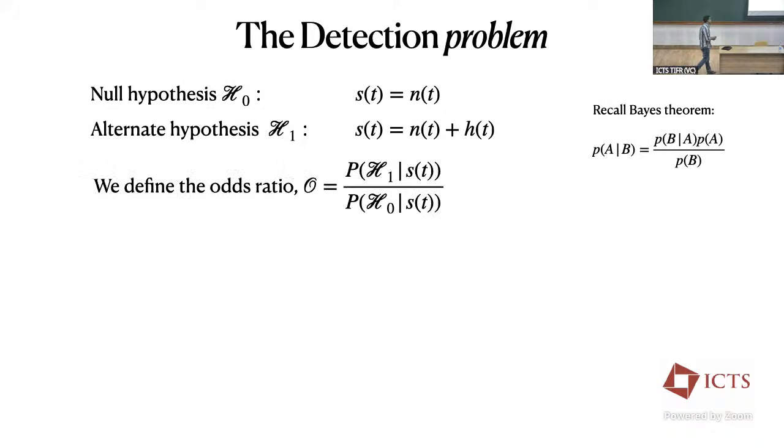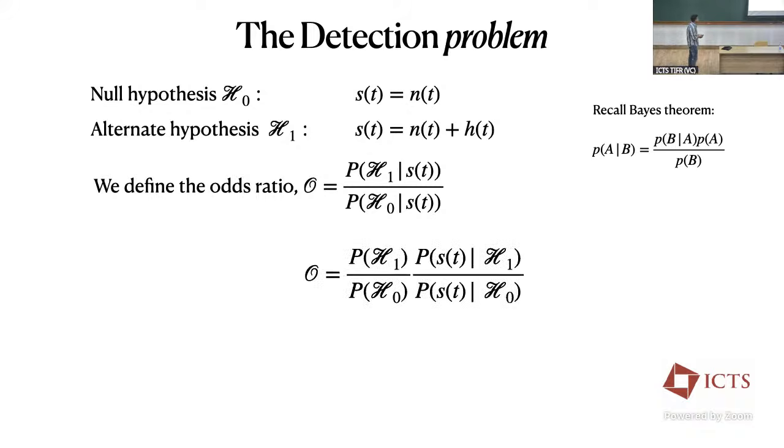What we want to define is the odds ratio, which is the ratio of the probability of the alternate hypothesis given the strain data and the probability of the null hypothesis given the strain data. We use the Bayes theorem and rewrite the odds ratio as the following.